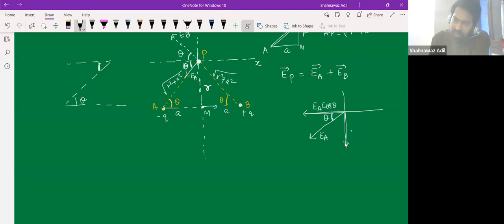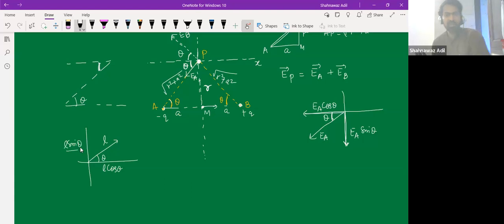And whatever is away from angle, that is the sine theta part. That we have understood, right? So if we have this, let's say L, and this is theta, so this is L cos theta, this is L sine theta. That we have understood in resolution of vectors, right?